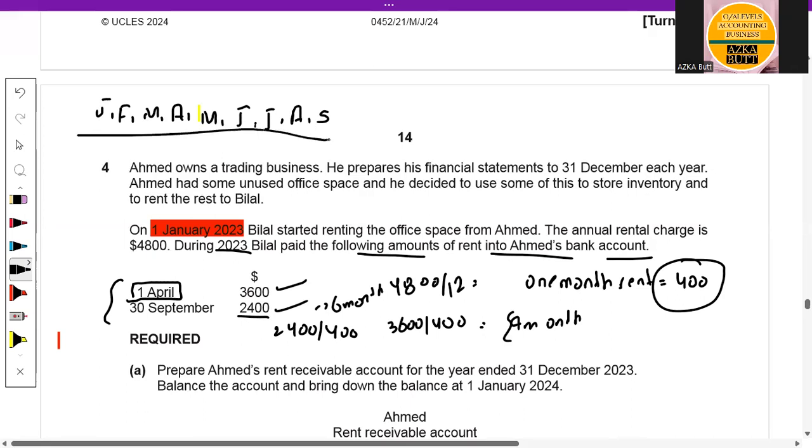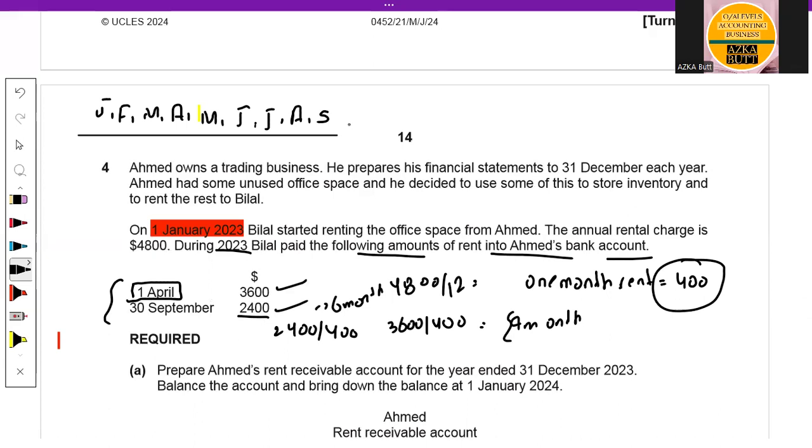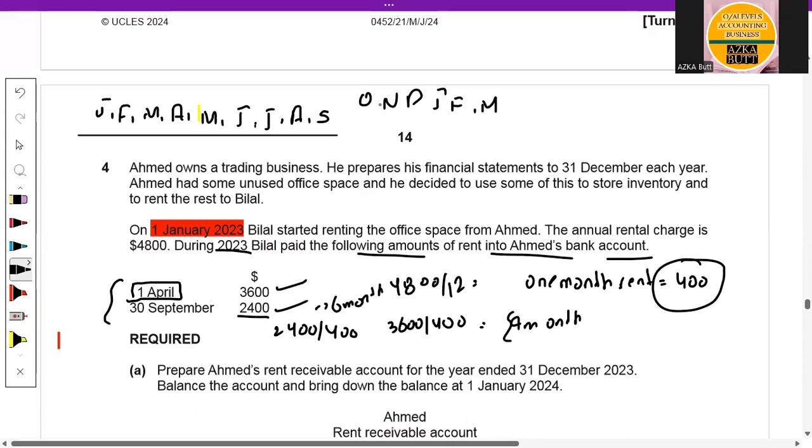Yes, for 9 months he paid this 3,600, and at the end of September, he paid for 6 months. So it means October, November, December, January, February, and March, 1, 2, 3, 4, 5, 6. So he paid for October to March. This is the advance payment.